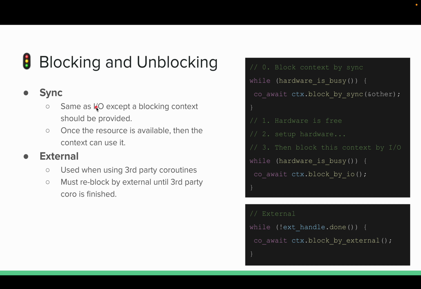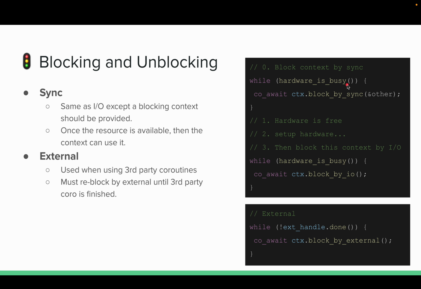Sync is very similar to I/O in a way. Usually if you're doing some sort of I/O where multiple different contexts could potentially try to use it, which I'm starting to realize might be the typical use case for most drivers, unless they're synchronous. But yeah, the most basic way to go about this is to check to see if the hardware is busy.